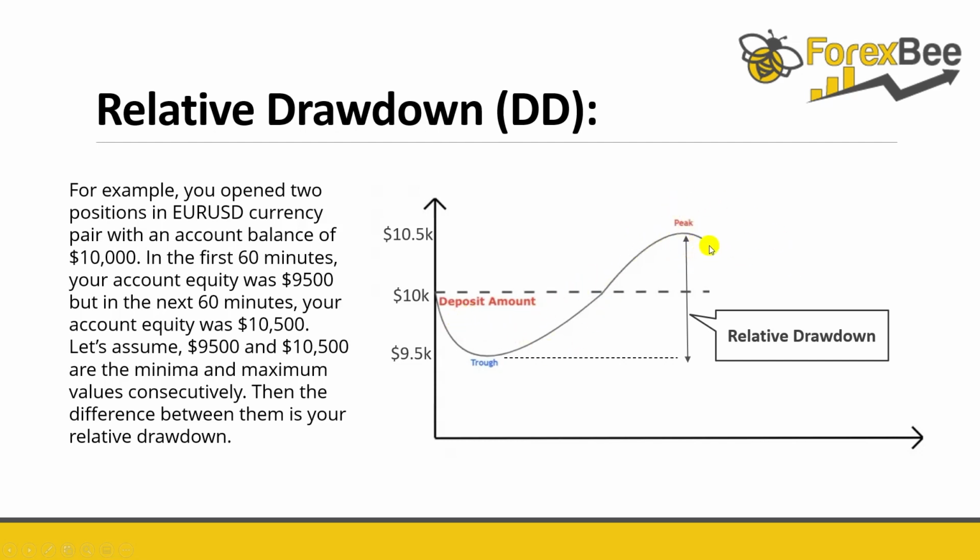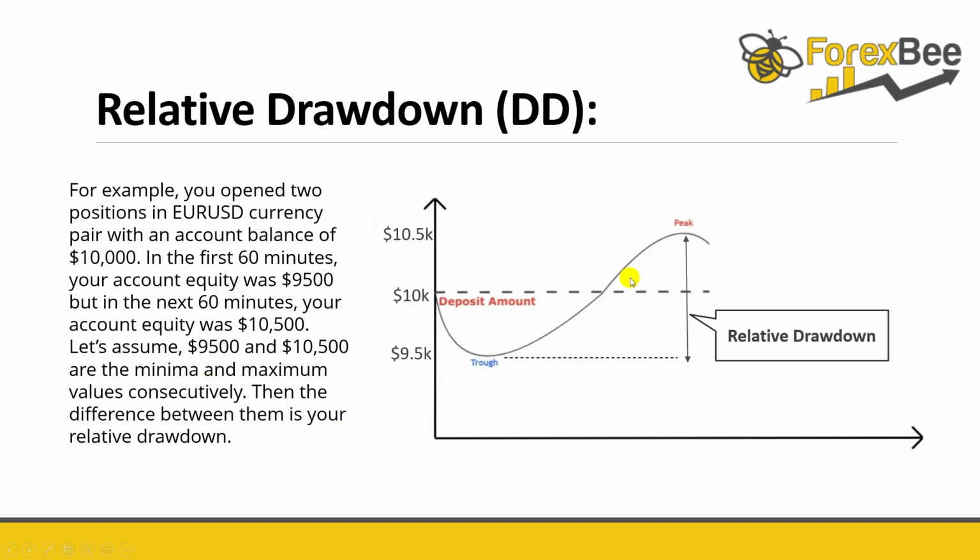The trade is still open, but we can calculate the relative drawdown by subtracting this trough value from this peak value. The peak value was 10,500 and the trough value is 9,500. So the relative drawdown in this case will be $1,000.